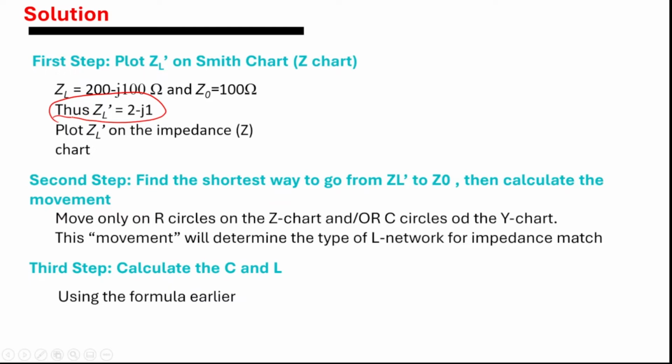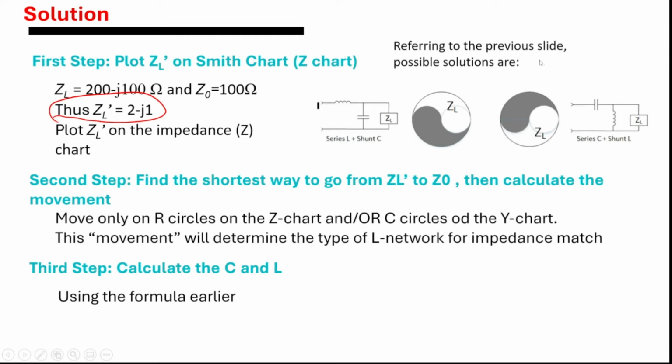We plot ZL on the impedance chart, and the second step, we find the shortest way to go from ZL to Z0 and then calculate the movement. And the final step, we calculate the C and L using the formula earlier.